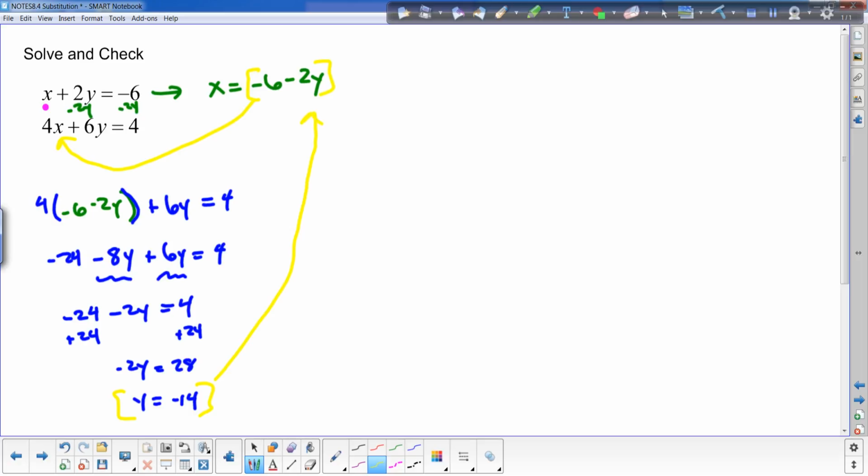I'm going to go here. So I would get x equals negative 6 minus 2 times our y. Just type that into your calculator. Negative 6. Got 22.